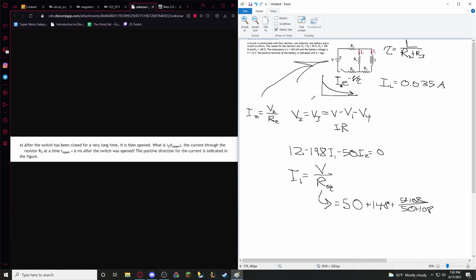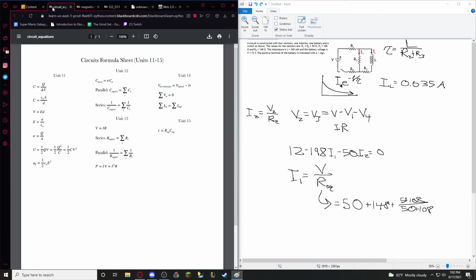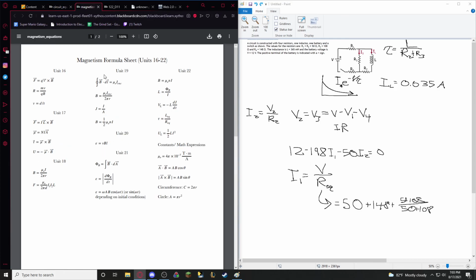This problem was cool, do problems like this. And then the third quiz, magnetism: it's probably going to be a toss up between understanding Ampere's law and being comfortable with Faraday's law.